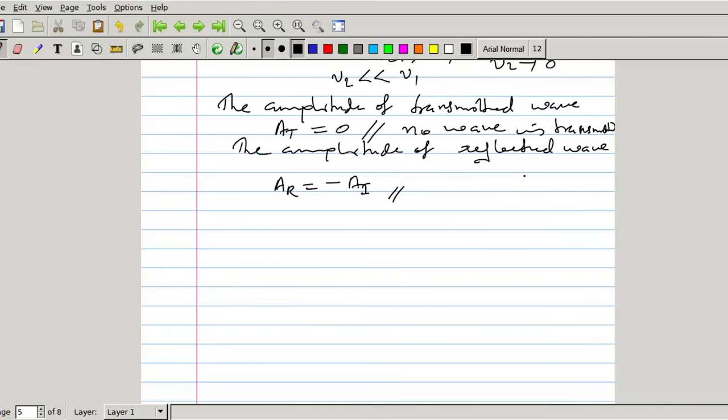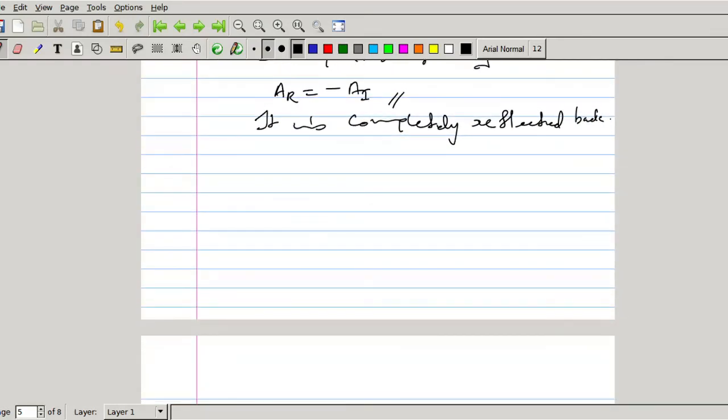That means the complete wave is reflected back. So if the second medium is much heavier or infinitely massive, then the complete wave will be reflected back and there is no transmitted wave. So this is the case with reflection and transmission at a boundary, in the case of a mechanical wave produced in a string. Okay, thank you.